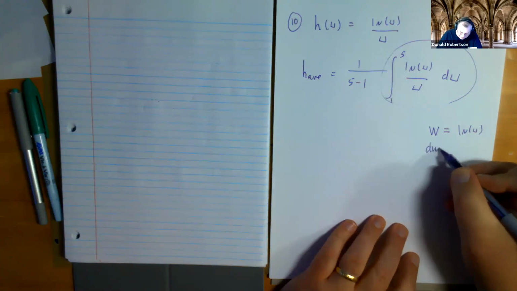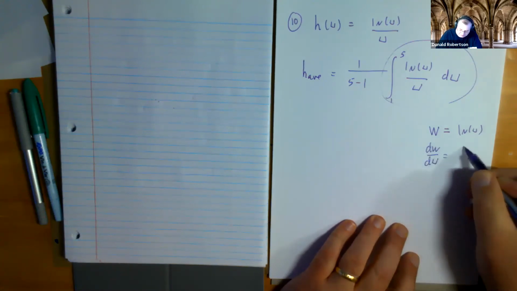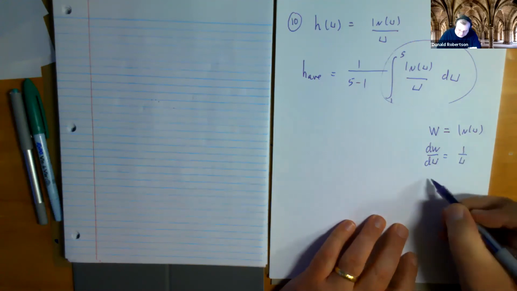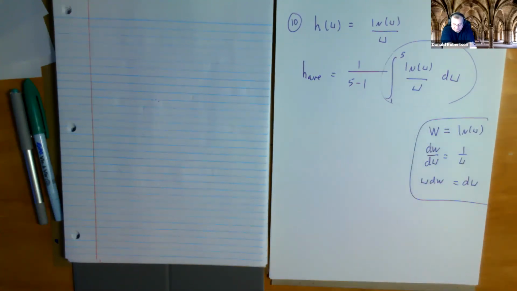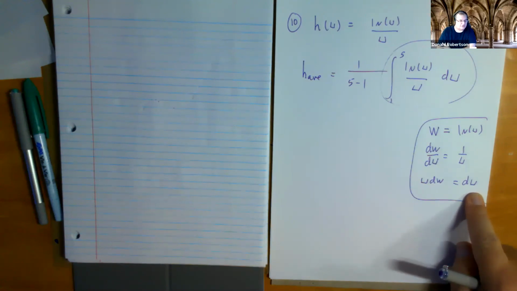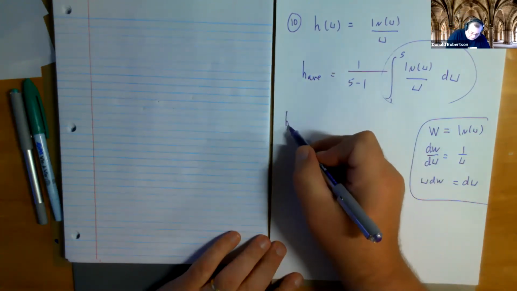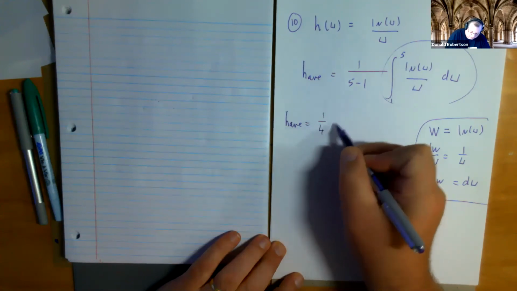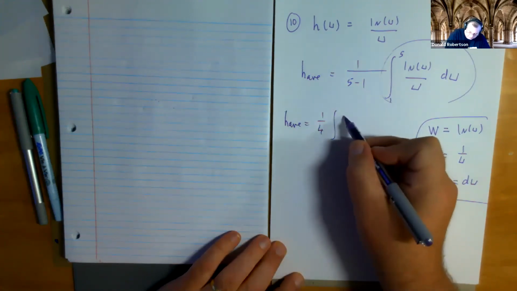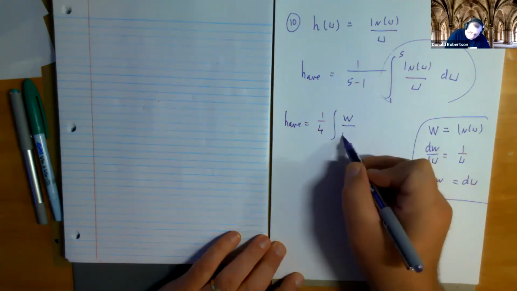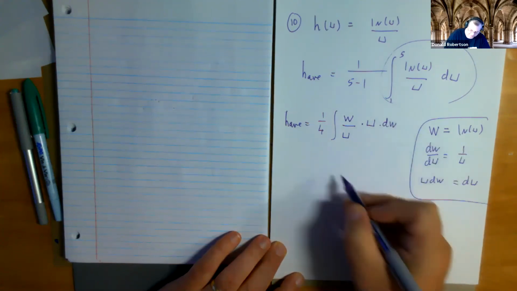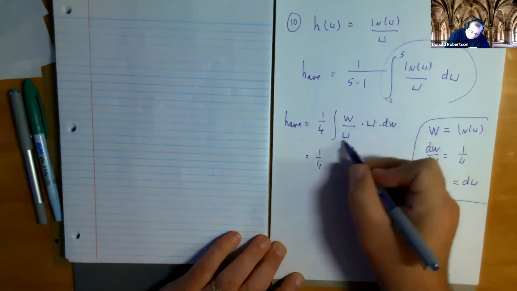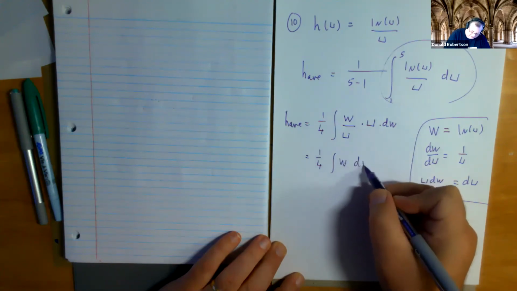Now, differentiate with respect to u, and you get 1 over u. If you do the old cross multiply, do you see that you actually get the answer in 3 lines instead of the typical 4? Haven't I already isolated the du? So the average value of this function is 1/4 the integral of w over u times u dw, which is 1/4 a very nice integral.